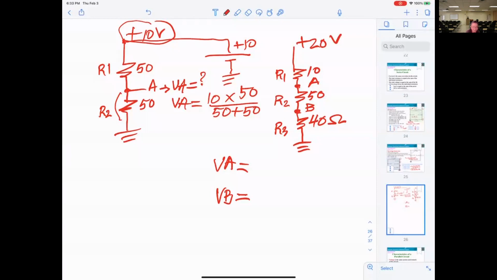If you know the voltage divider, then you understand: it will be 20 volt times R1, no, times R2, sorry.